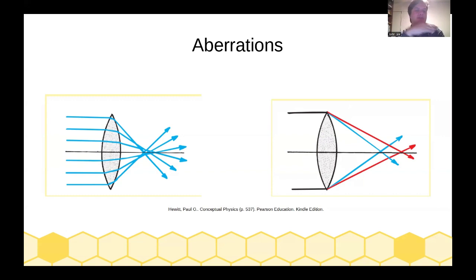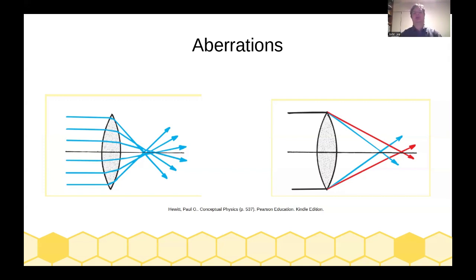So something going straight through is going to go straight through to the focus, but something a little farther away is going to go to its own focus, and then something even farther away is going to go to a closer focus. And the way we get around this is that instead of grinding our lenses into spheres, we grind them into parabolas, which are mathematically defined to focus on a specific point.